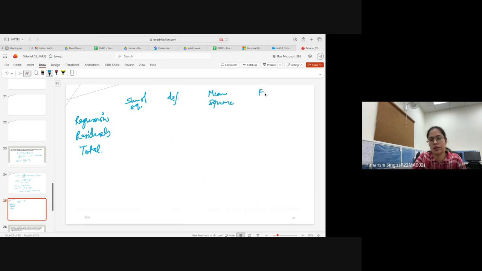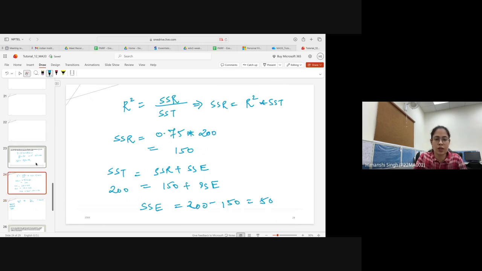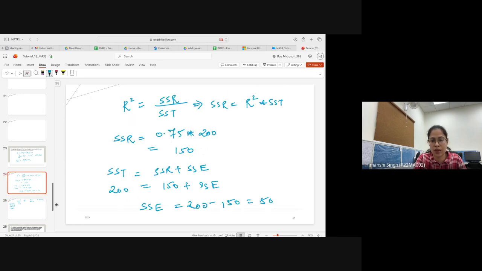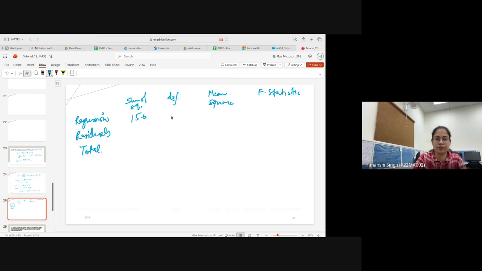And this is F statistic. Due to regression, we have 150. Due to residuals we have calculated 50, and total was given to be 200.